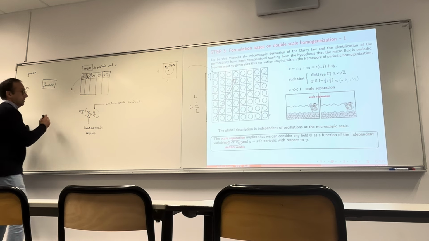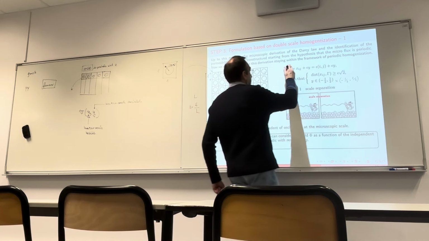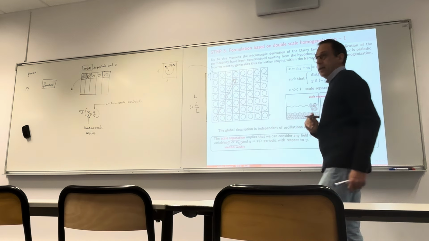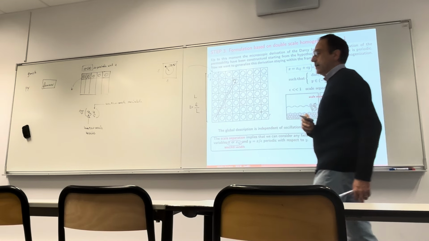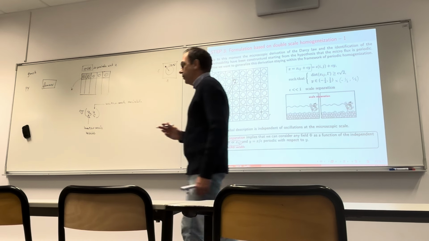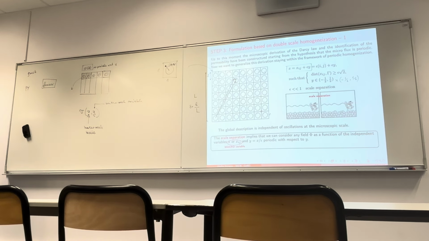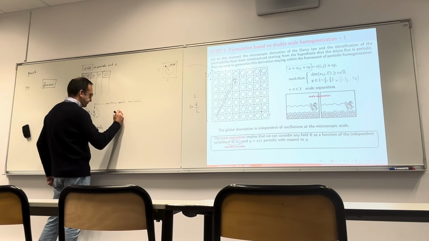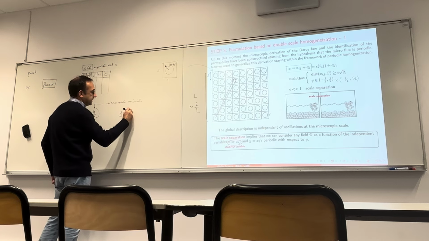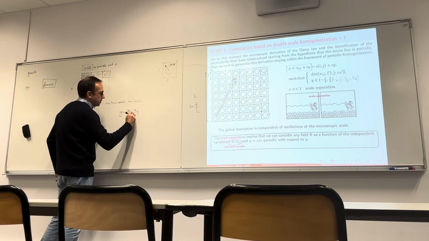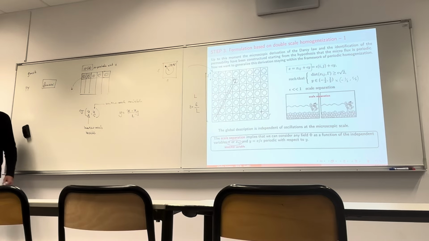But as we have this relation between xij and y, by using x or xij is the same, and so we prefer to use a continuous variable which is x. Okay, so we interpret x as the macroscopic variable and y as the microscale variable, knowing that y is nothing else than x minus xij divided by epsilon. Okay?